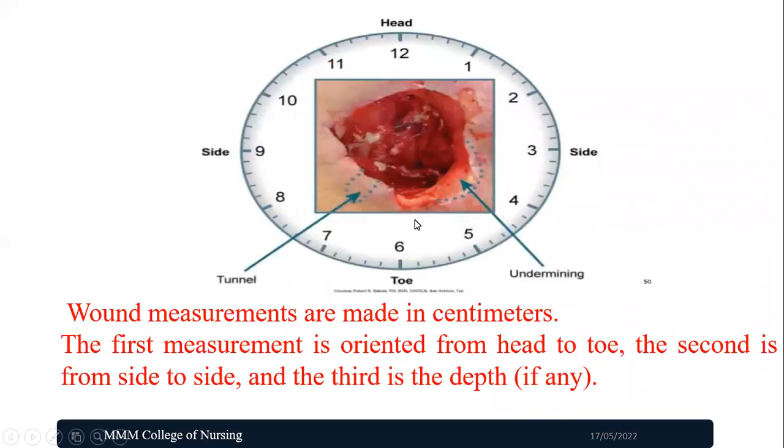Again, I repeat, this wound will be measured as full thickness and red color wound, 7 centimeter length and 5 centimeter width, and 3 centimeter tunnel at the 7 o'clock position, and 2 centimeter undermining from between the 3 to 4 o'clock, 4 to 5 o'clock position. And this is the way you can record the wound measurement of length, width, including the tunneling and the undermining.